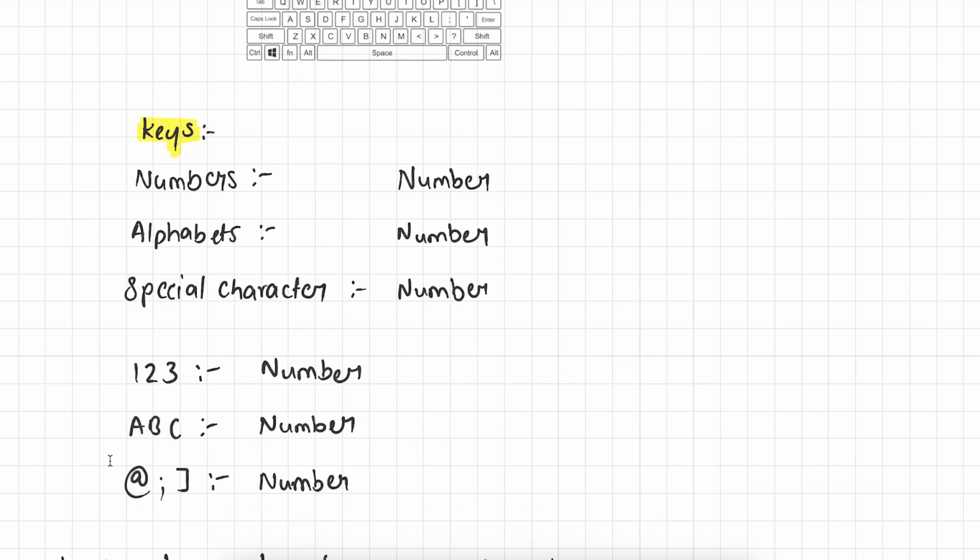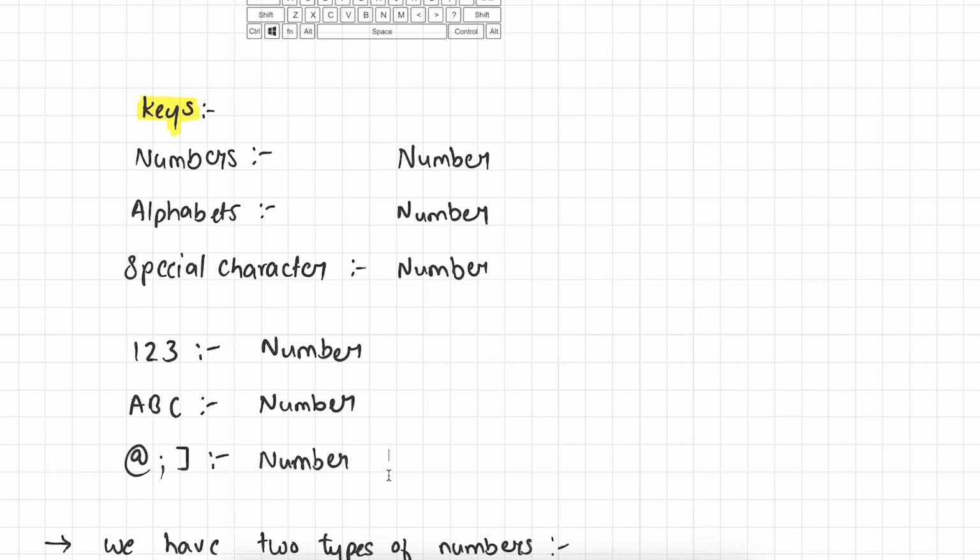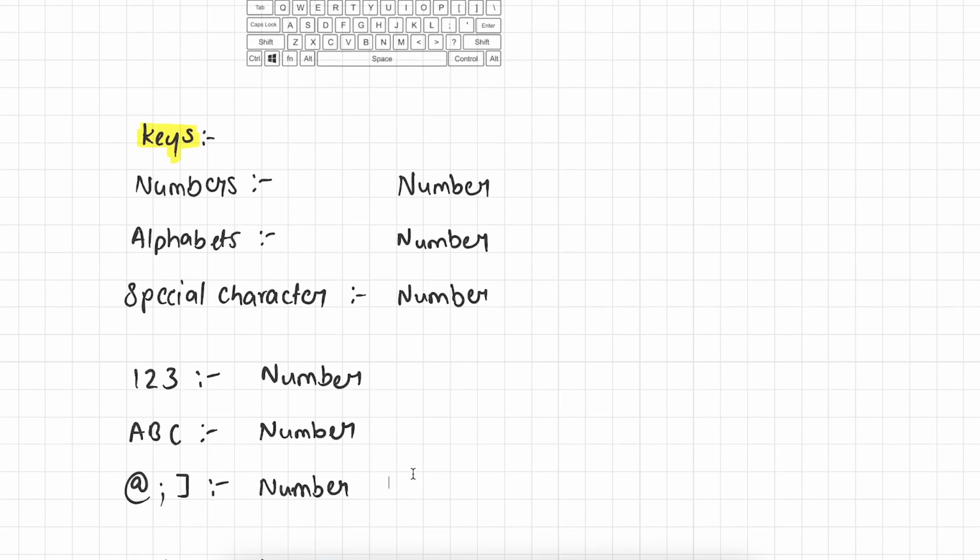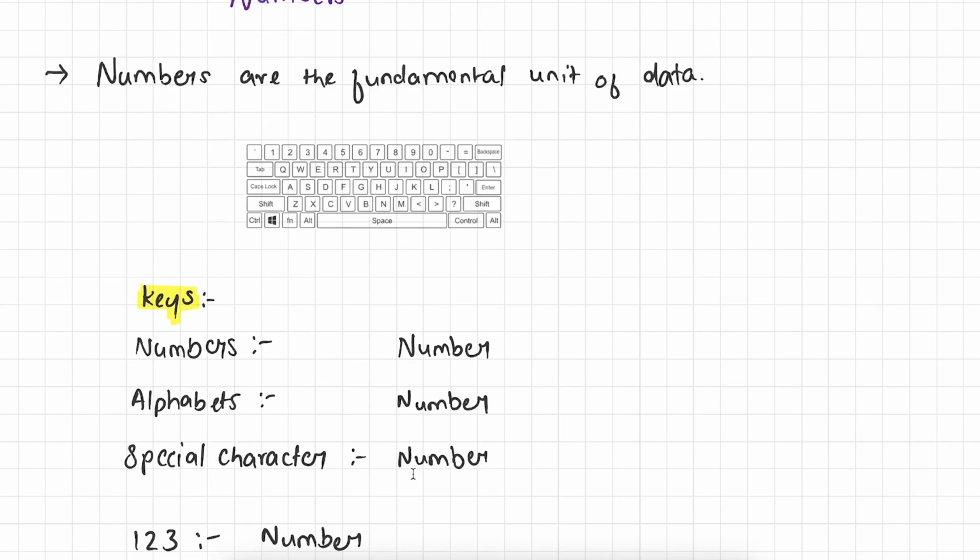And the special characters are also associated with numbers. So if you write numbers, a string or a special character, the internal representation is always a number. It means internally numbers are processed when you enter any string, special character or numbers. Clear? So that's why numbers are the fundamental units of data.